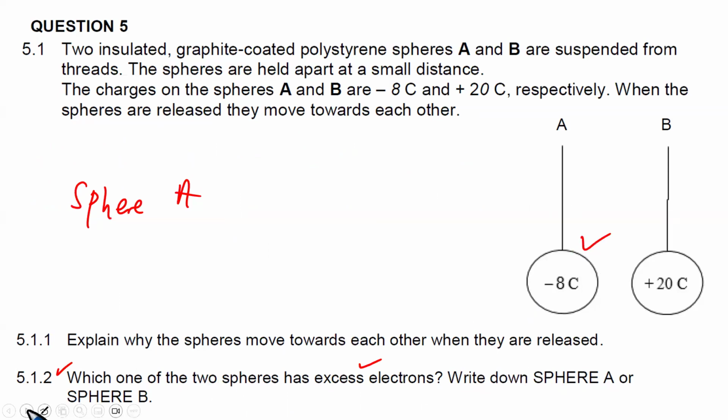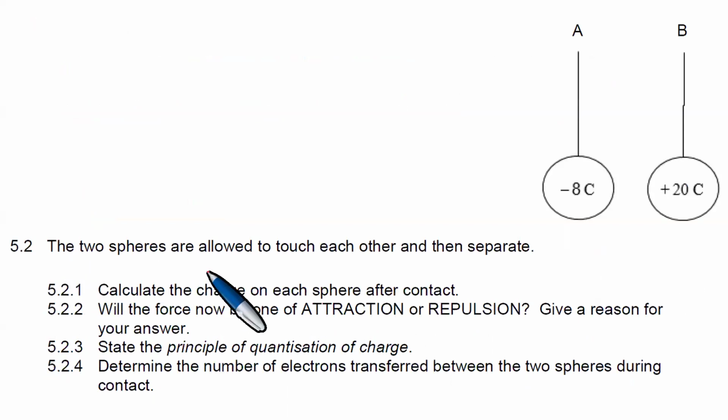Right. So the two spheres are now allowed to touch each other and then separated. Calculate the charge on each sphere after contact. So we're going to have Q new.